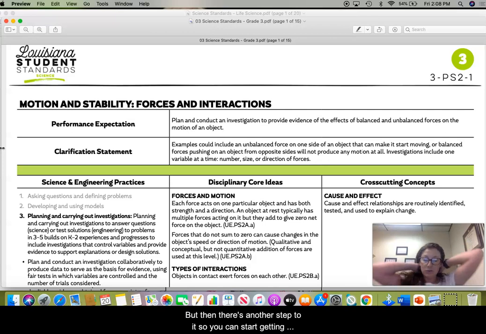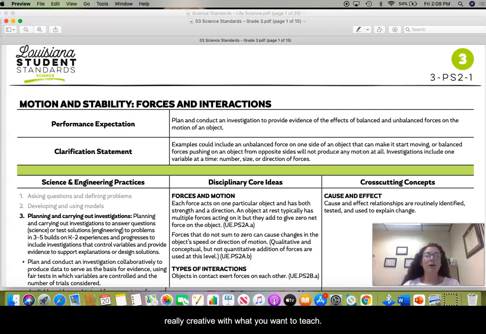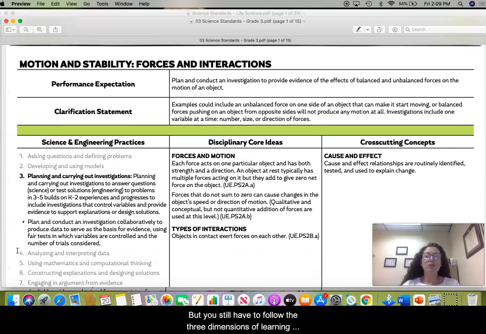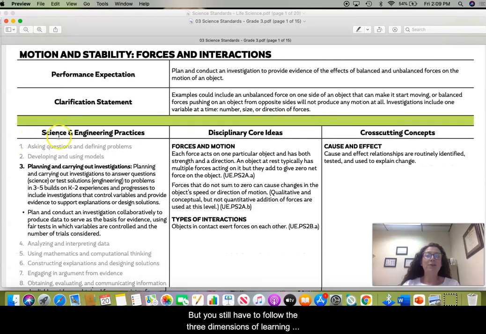So you could start getting really creative with what you want to teach, but you still have to follow the 3 dimensions of learning. And so what the folks in Louisiana's school boards want you to do is focus on your students learning how to plan and carry out an investigation to learn this particular concept.